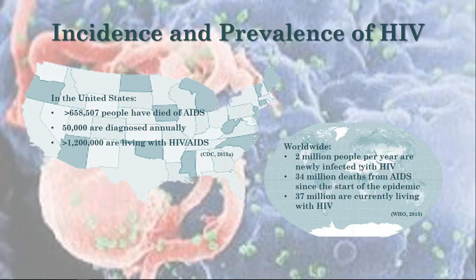Worldwide, 2 million people per year are newly infected with HIV. 34 million deaths have occurred worldwide from AIDS since the start of the epidemic, which was the mid-80s. There are 37 million who are currently living with HIV, according to World Health Organization statistics.